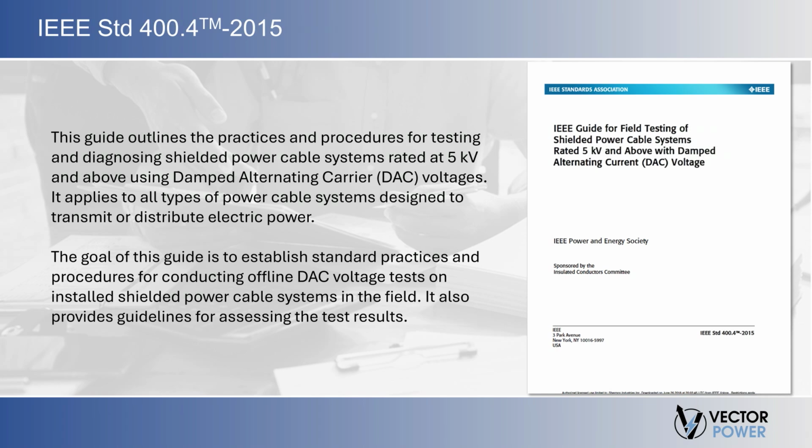Yet another standard we mentioned earlier is the IEEE standard 400.4, 2015 revision. This one is for our new player, DAC. The guide outlines the practices and procedures for testing and diagnosing shielded power cable systems rated at 5 kV and above using damped alternating current.